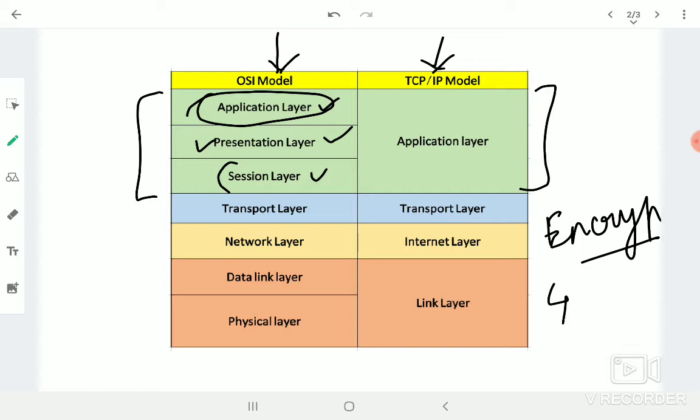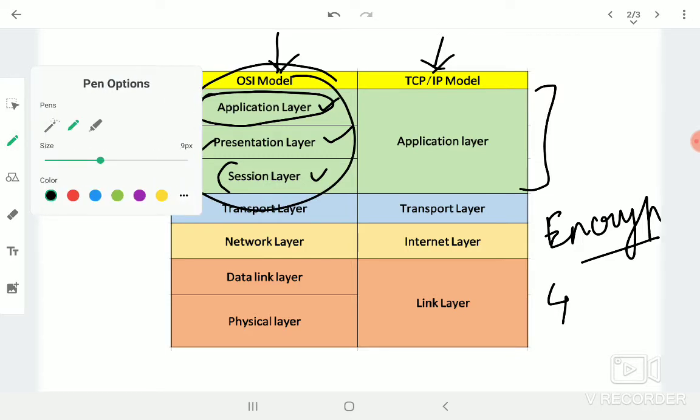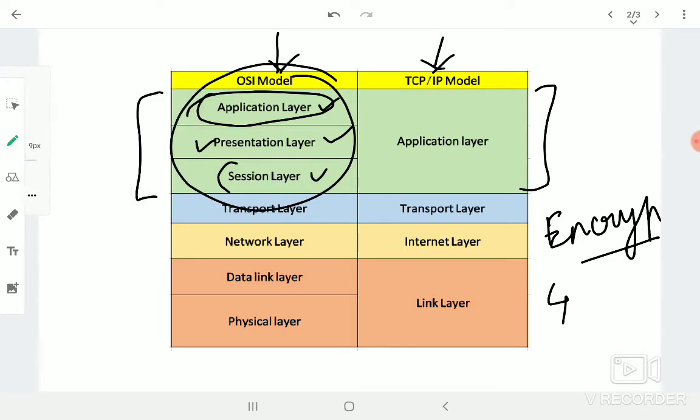The session layer will make sure that there is a valid exchange of communication happening over the session. So all these three layers: the application, which knows to communicate across the network, the formatting of the data in a way that can be understood by both sides, and the start, stop and maintenance of the session, all happen at these three layers, right?